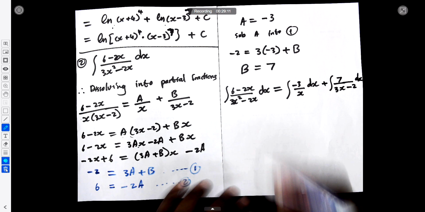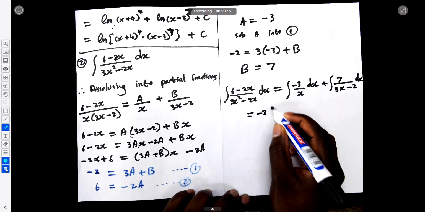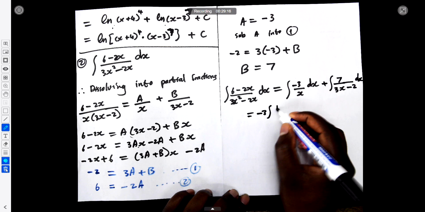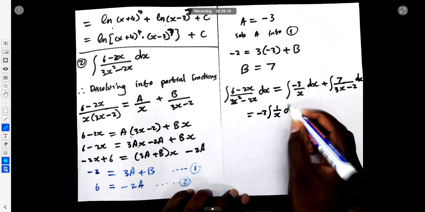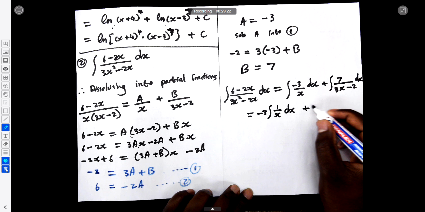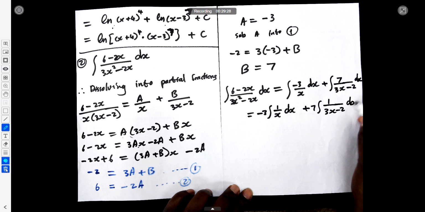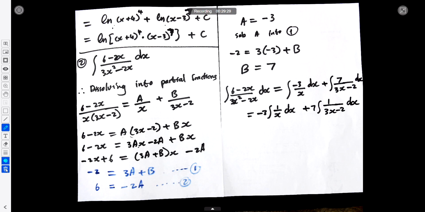Though I said this is not necessary, because this is a lesson, please note that the constant, you can factor it out and have your 1 over x, dx. And same thing, plus 7 integral of 1 over 3x minus 2, then all multiplied by dx.